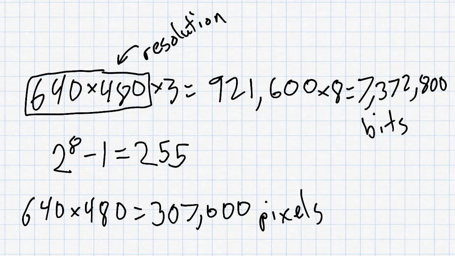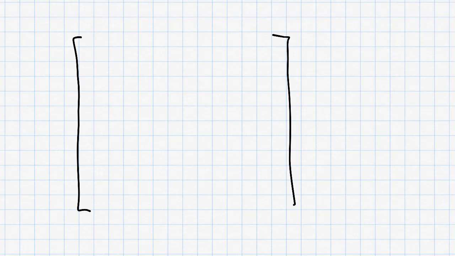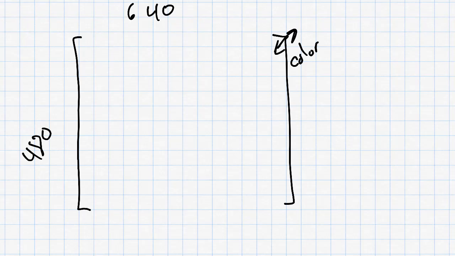So the 640 by 480 numbers represent the rows and columns of pixels in the image, or numbers in the image matrix. So what does the 3 represent? The 3 represents the color space of the image. Now, you are probably familiar with the RGB, or red, green, blue color space. By combining levels of red, green, and blue, we can reproduce any color.